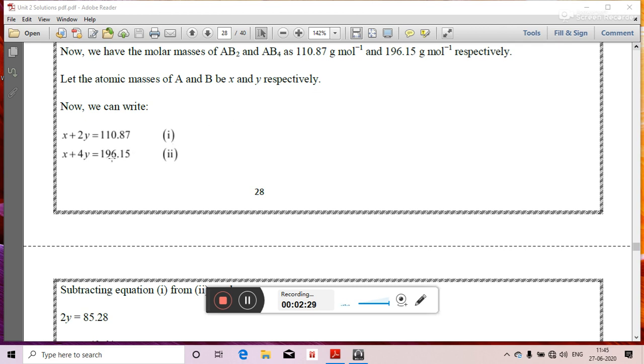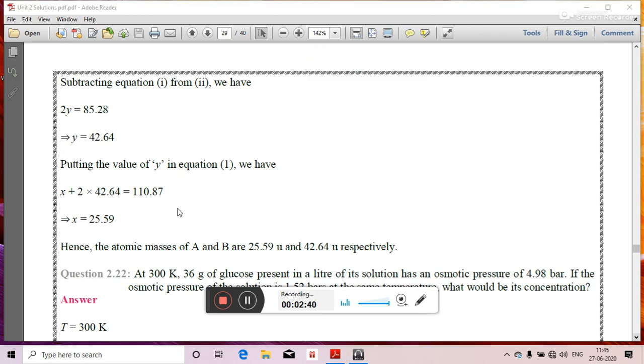So now in order to find out the value of Y, we will subtract 2 minus 1. So subtracting equation 1 from 2, we have 2Y is equal to 85.28. So Y is equal to 42.64. Now if we put the value of Y in equation number 1, then we will get X plus 2Y.